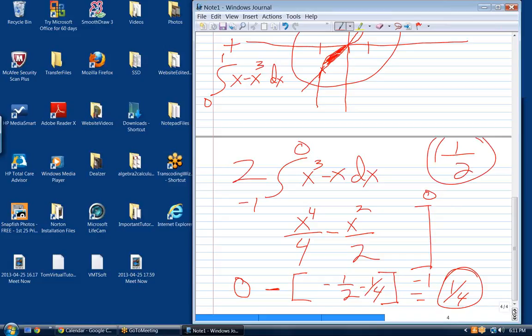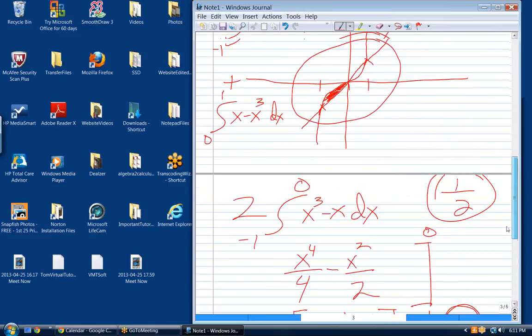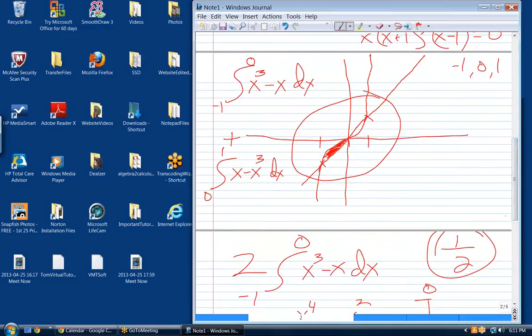We don't need to concern ourselves with whether we are below or above the x-axis in this. If you're finding the area under a single curve and you integrate the whole thing, this part is going to come in negative, this part positive, so they will cancel one another out. So if you want the area of the whole thing, you got to go from there to there and then from there to there, and make sure that this is a positive value.